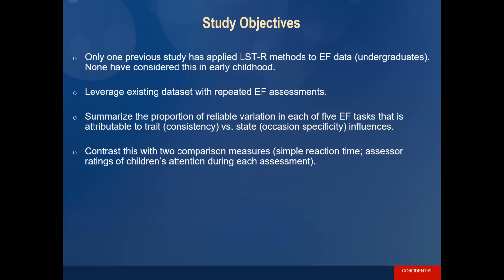And we're going to look at consistency, which is the trait-like contribution to tasks, and then occasion specificity, which is state-like. And in addition to a couple of EF tasks, I'm also going to bring some comparison tasks. So a simple reaction time task and assessors' ratings of kids' attention, just to see how stable they are essentially.